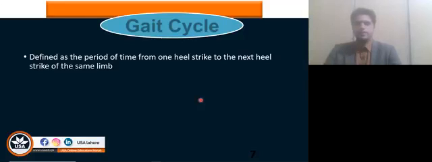And that gait event is normally considered to be the initial contact or the first contact from one limb to the next occurrence of the same event on the same ipsilateral limb. Typically, heel contact or initial contact is used as the event that defines the limits of a stride.